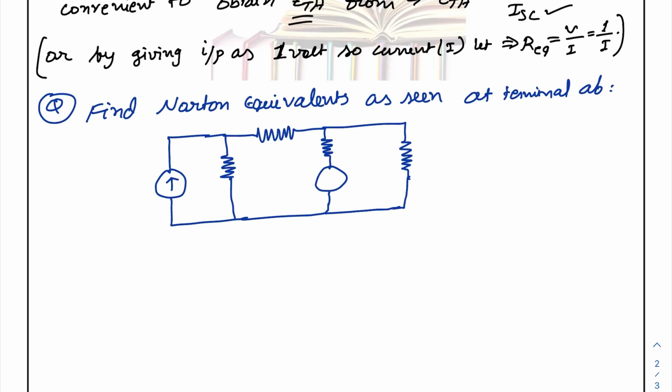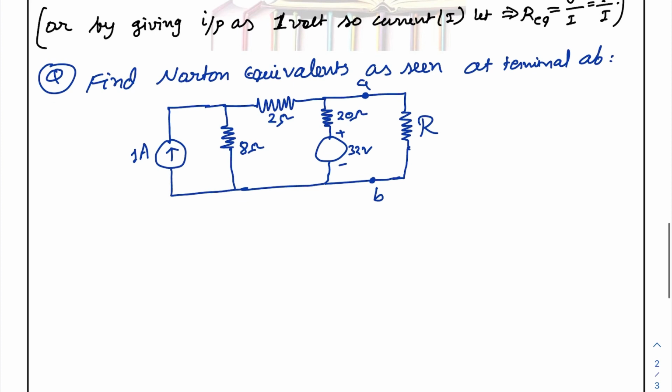Let the load be represented as your capital R, and there are two terminals A and B, and this is your voltage source of 32 volt, and this is your 20 ohm resistance, and let this be of 2 ohm resistance, and this is your 8 ohm resistance, and there is a current source of 1 ampere. So this circuit is same as the example we solved in the previous lecture.